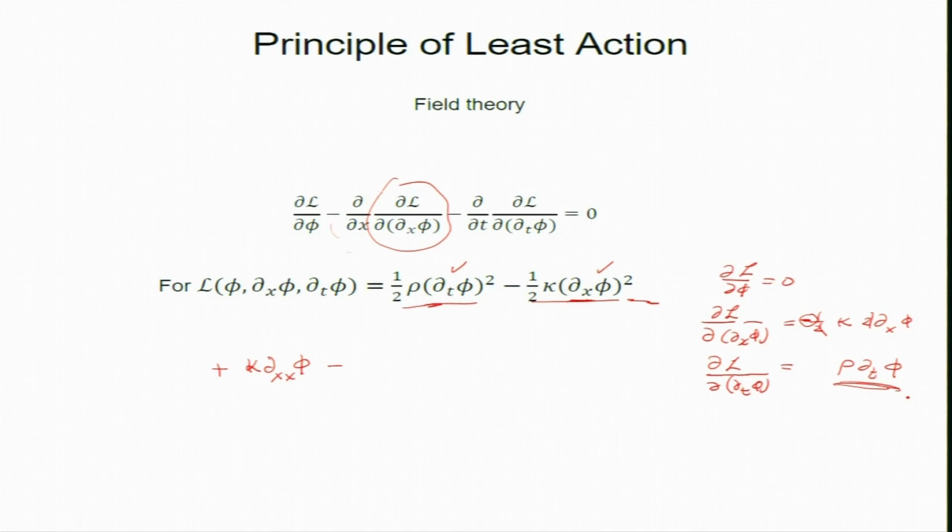Rho, the density, is constant, so we will assume that rho dt phi is 0. This means the double derivative in time. So, this is the equation of motion for a string. That is the equation, and of course, we know the solution, it is sin of kx minus omega t and like that.